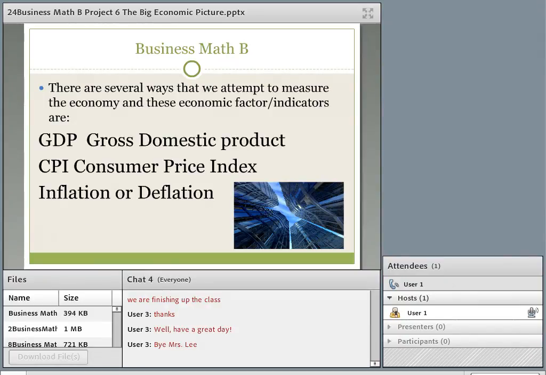There are several ways that we do measure the economy, and some of these you've probably heard on the news. One is the GDP, Gross Domestic Product, the CPI, Consumer Price Index, and then you've all heard the terminology inflation or deflation.